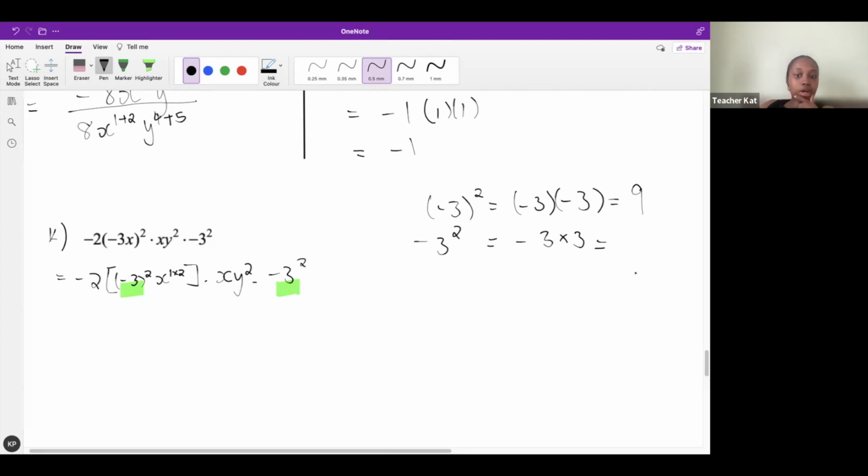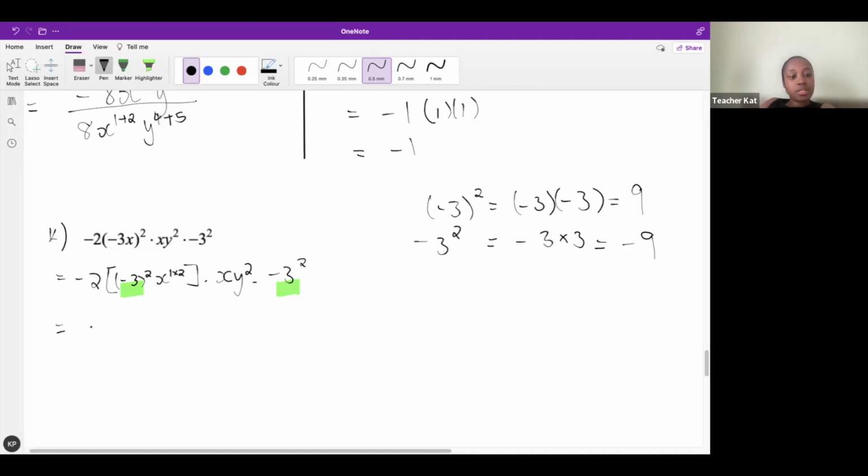And the second one, my answer will be what? If the negative is outside and it's 3 times 3, -9. Do we see the difference between these two? I hope we do. Wonderful. Okay, don't get trapped by that one.